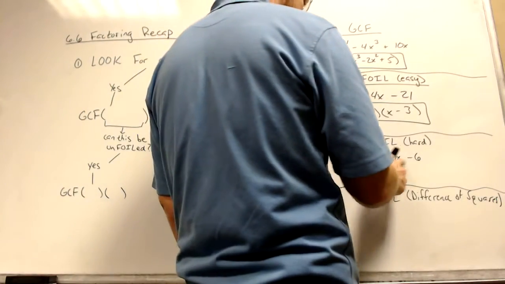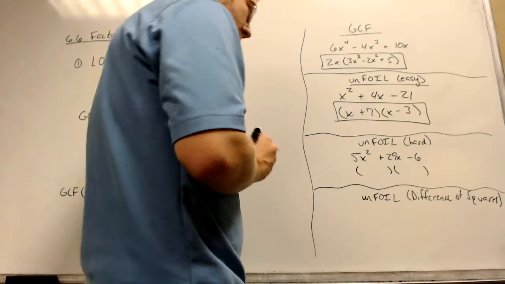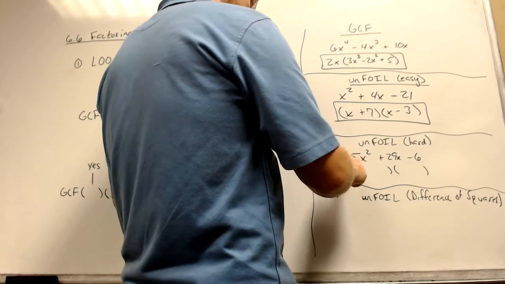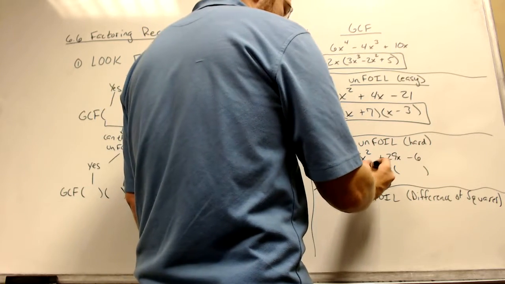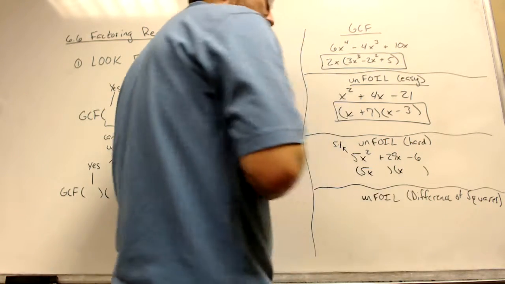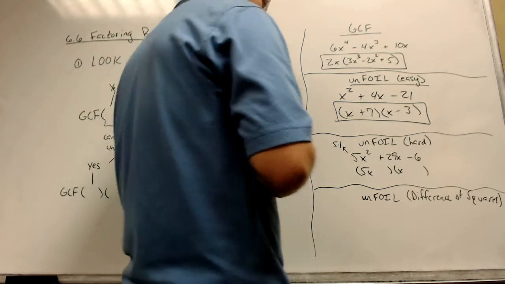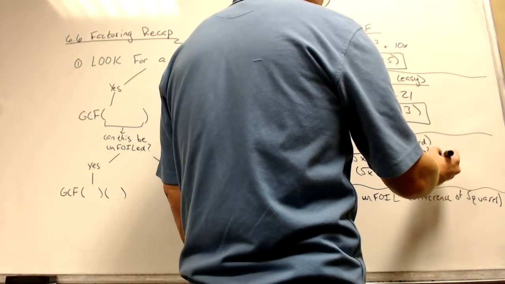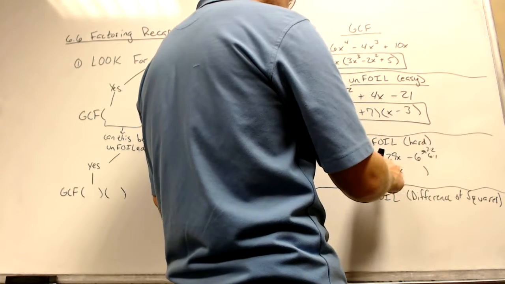There's no common factor, so our only option is to unfoil it. Now we have to worry about the first term happening, and this is just 5 times 1, so 5x and x. We have to look at the last piece, 3 and 2 and 6 and 1.